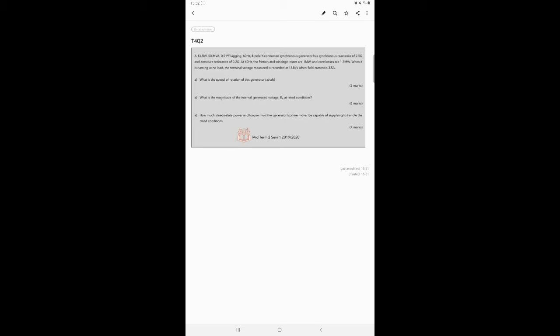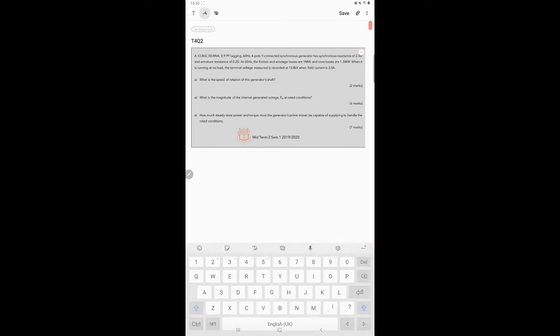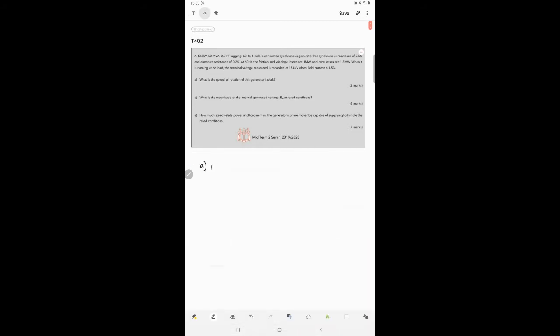Firstly, what is the speed of rotation of this generator? Like the previous one, we find the synchronous speed using this equation: the electrical frequency times 120 divided by number of poles.